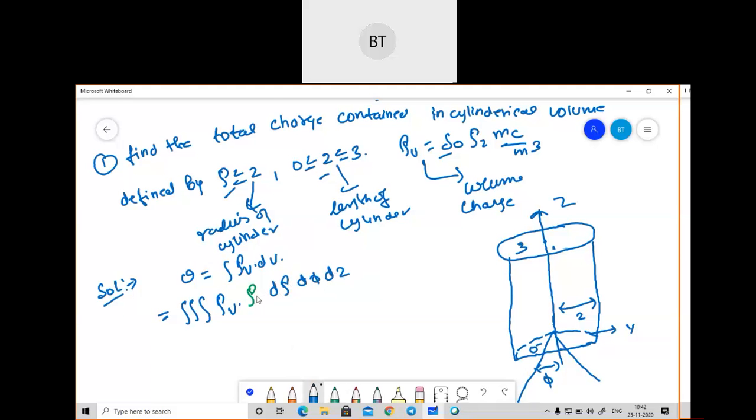Since it is a cylinder, in this case we have to apply an extra rho here. So I'll put the limits. The height is from 0 to 3, phi is varying from 0 to 2 pi, and rho is varying from 0 to 2, that is z naught into rho z into 10 to the power minus 3 into rho into d rho d phi dz.